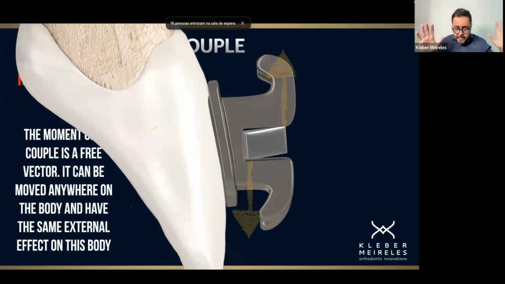So let's simplify things here. When I apply a pure couple, I have a pure rotation. When I apply a couple, the center of rotation of the movement will be the center of resistance of that body. So the couple will rotate that body around the center of resistance.